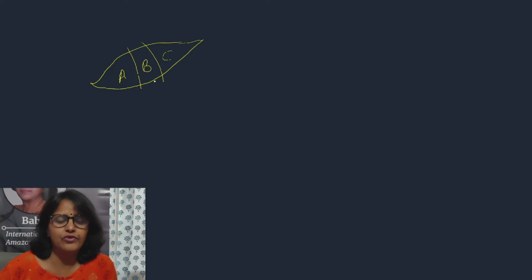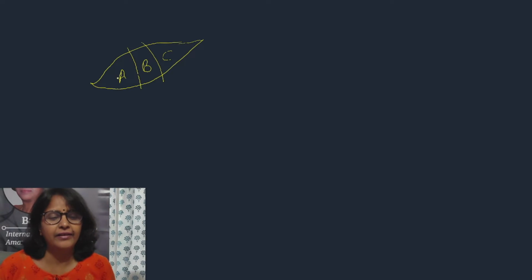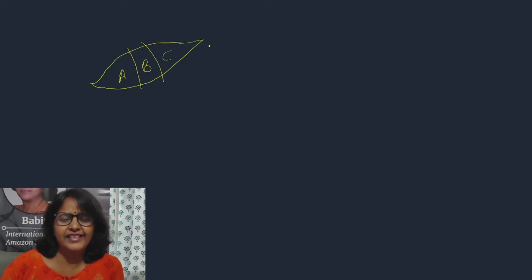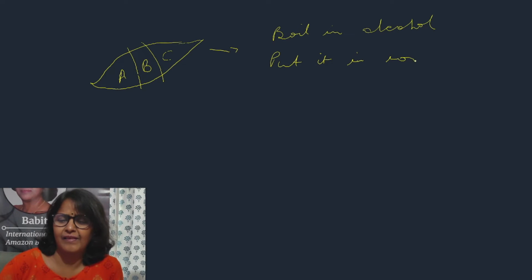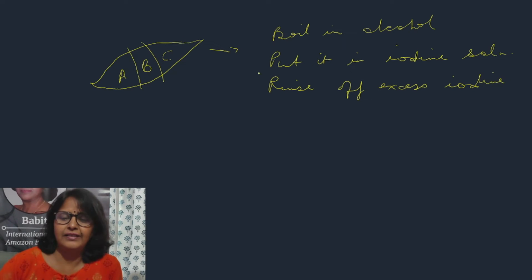We will remove the strip that we had put over there and then test it: boil it in alcohol using a water bath, put it in iodine solution, and then rinse off excess iodine and see the result.